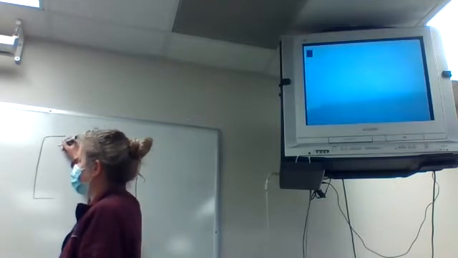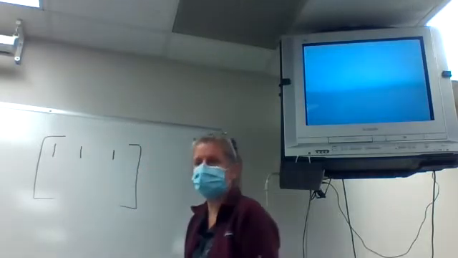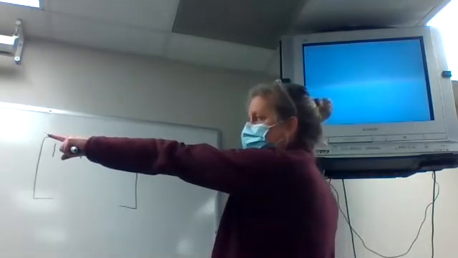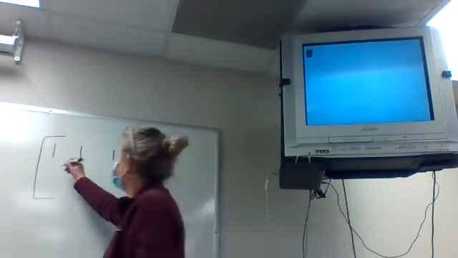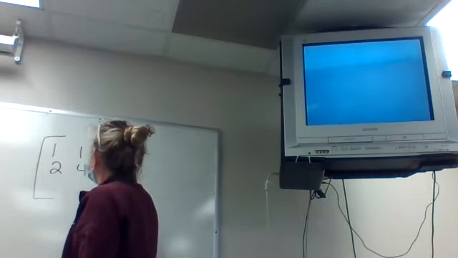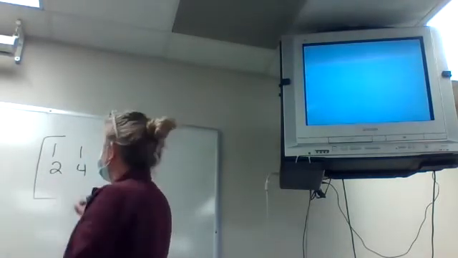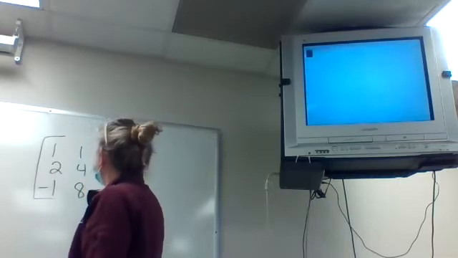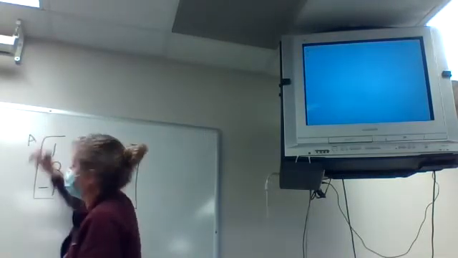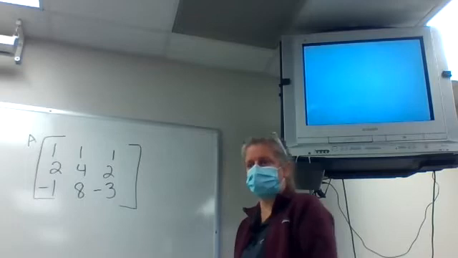What are the numbers in front of the x, y, and z? Right, they're all ones in this case. The second row, coefficients are 2, 4, and 2. The third row's coefficients are -1, 8, and -3. So we're going to enter that into matrix A, and I'll show you how to do that in a second.